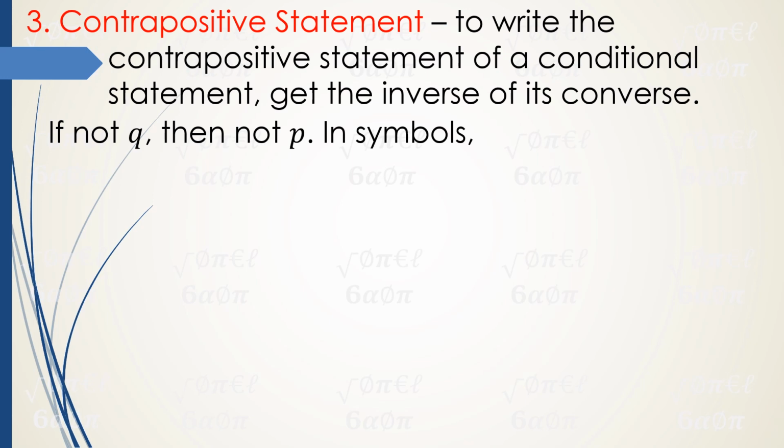Pinagbaligtad, tapos nilagyan pa ng not. So, in symbols, if not Q, then not P. So, sabay na ginawa yung converse tsaka yung inverse. Parehas ginawa yung converse tsaka inverse. Pinagbaligtad, tapos nilagyan ng negation sign.